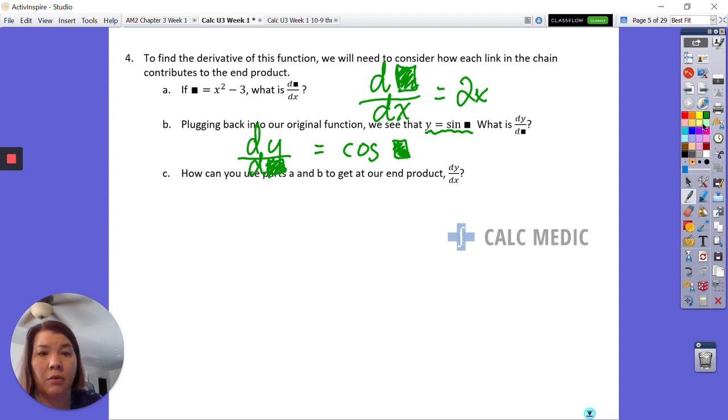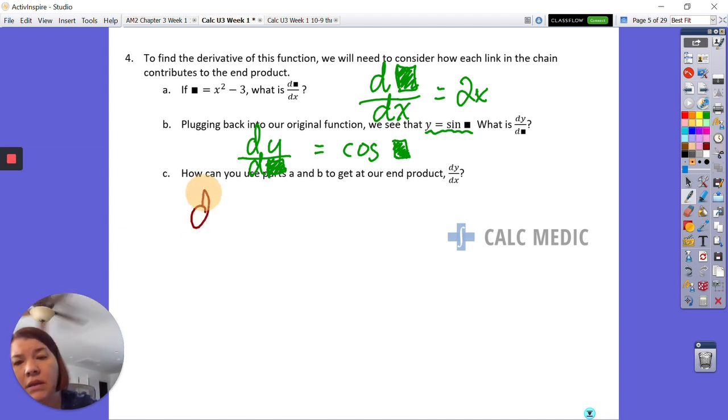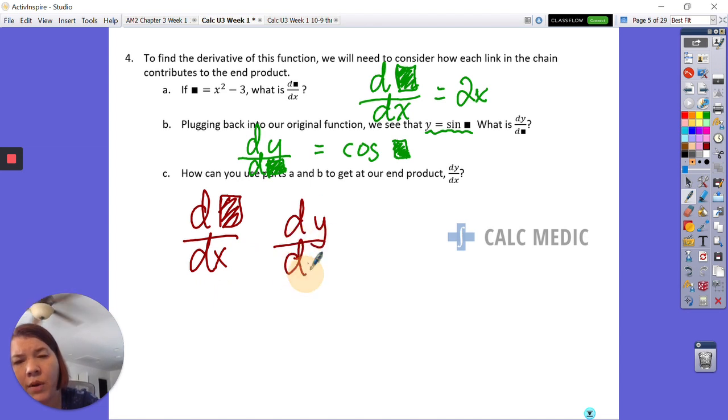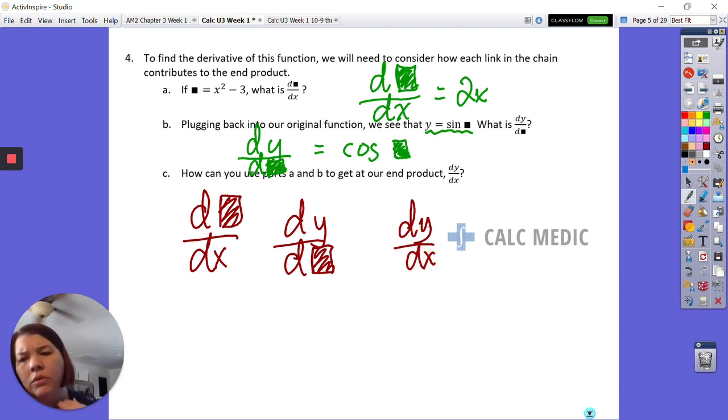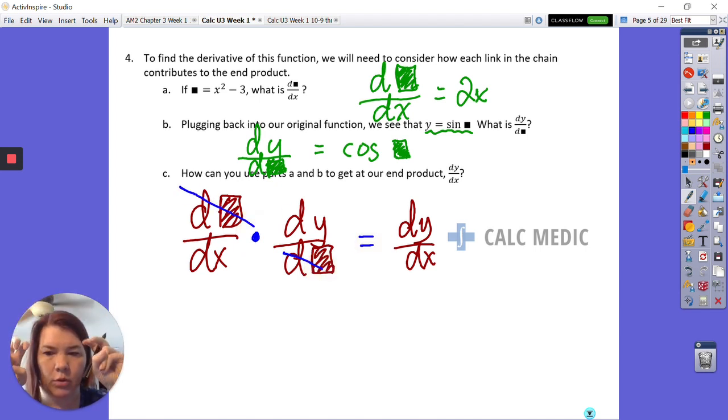How can we use our products? We want to get dy dx, and we have d square dx and dy d square. So what could we do so that would happen? The answer is multiply, because these would cancel each other out. Notice the air quotes.